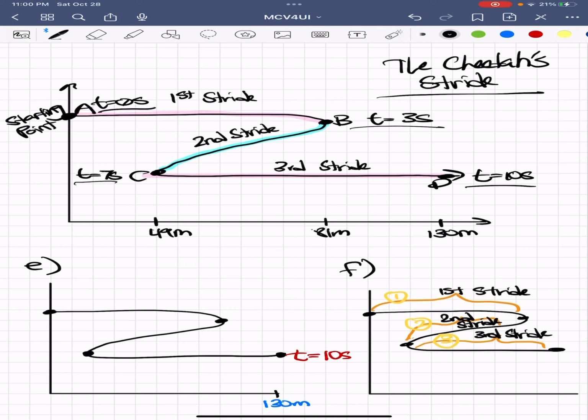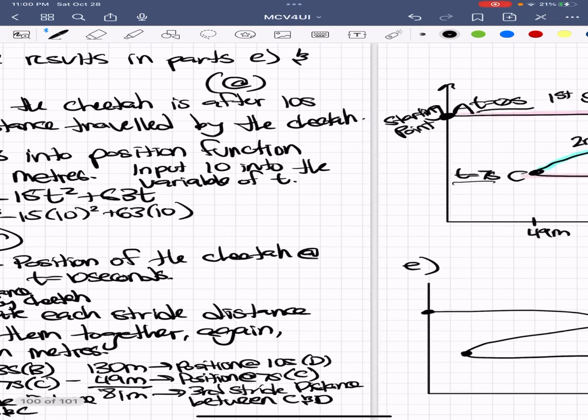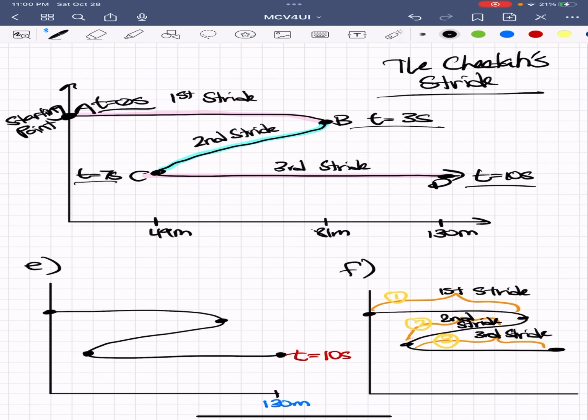So with that one, I wish there was more that we could add to E. So where is the cheetah after 10 seconds? So maybe we'll add the position and we'll circle what is important.